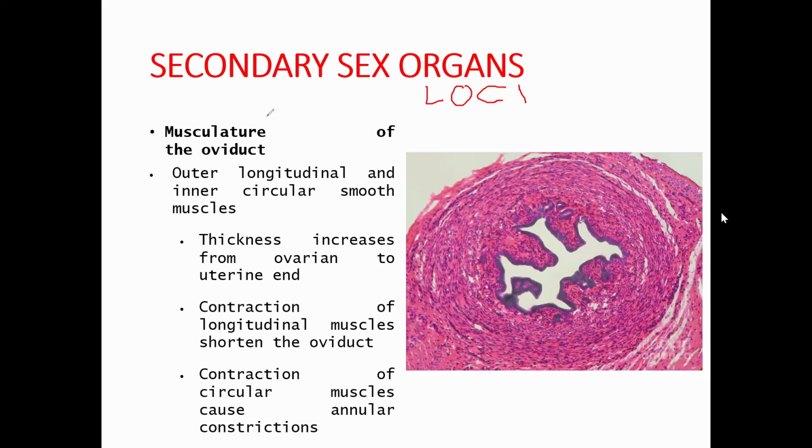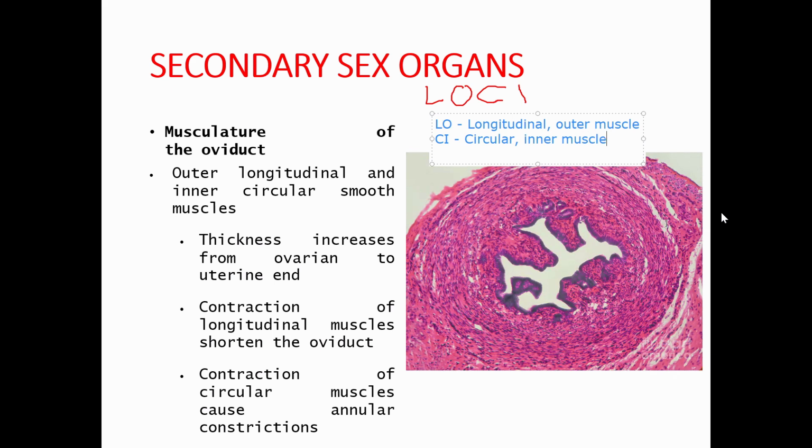Okay, let's annotate that one. So we have here longitudinal muscle orientation of the outer muscle. And then we have the circular orientation of the muscle for the inner.